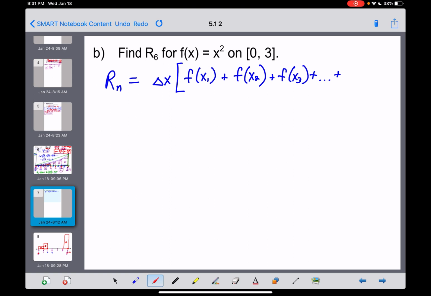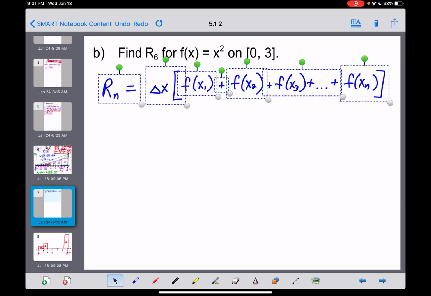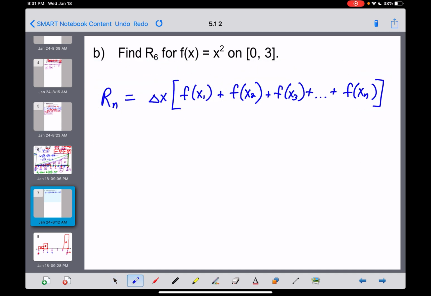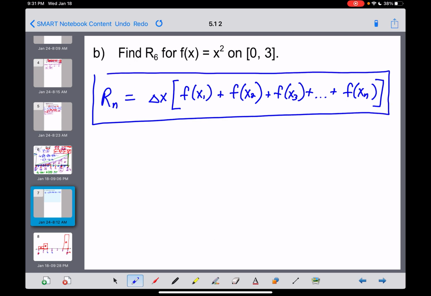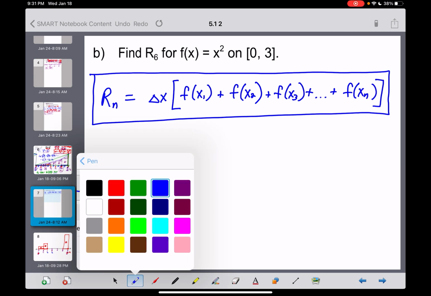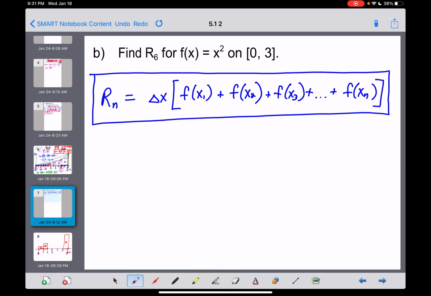So back to my formula here, we're going to end this thing with f of x sub n. So that is a really similar expression to what we just came up with in the last problem right here, but we're basically just starting it and ending it at slightly different points than we did for that left formula we came up with a while ago. So back to this particular example now, guys, we're going to do R sub 6.